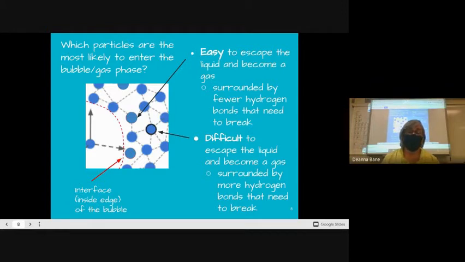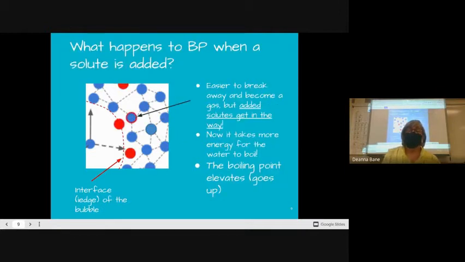All right, why does that matter? The colligative properties is why it matters. So what happens to the boiling point when a solute is added? Okay, so let's say these red dots are sugar crystals or sugar molecules. So we've added some sugar to this water.